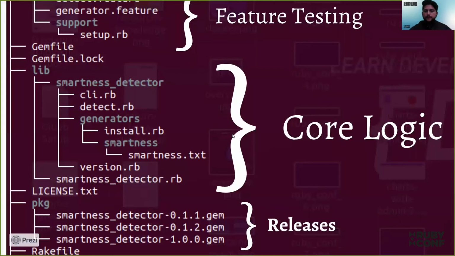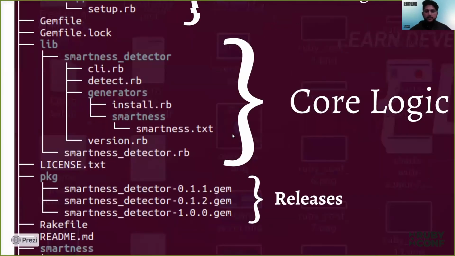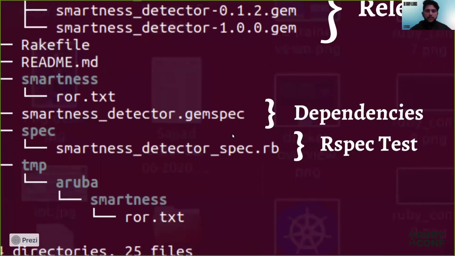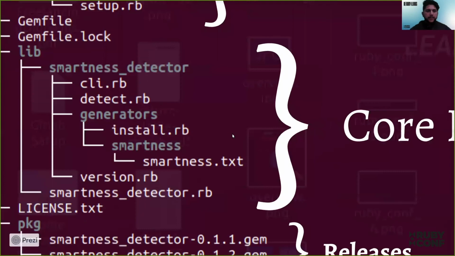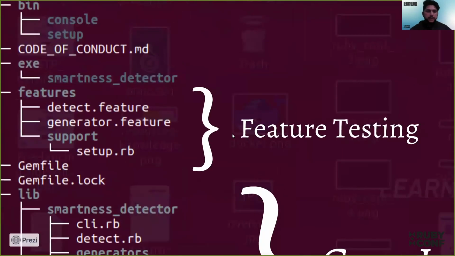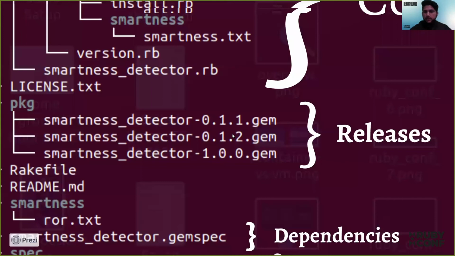All the dependencies will go under the gemspec file, and all the specs will go under the spec directory. All the feature testing, Cucumber testing, and CLI testing will go under the features directory. And all the releases will go under the package directory. We will cover these releases shortly when we push our gem to rubygems.org.